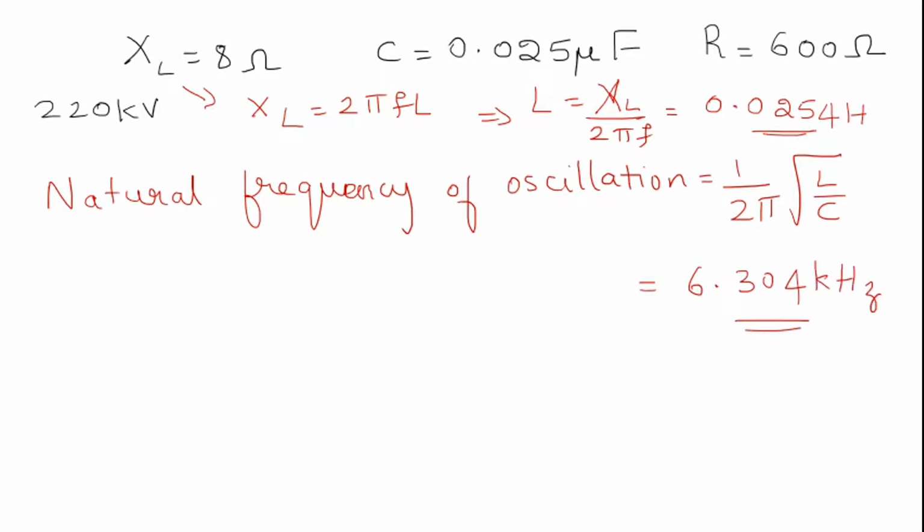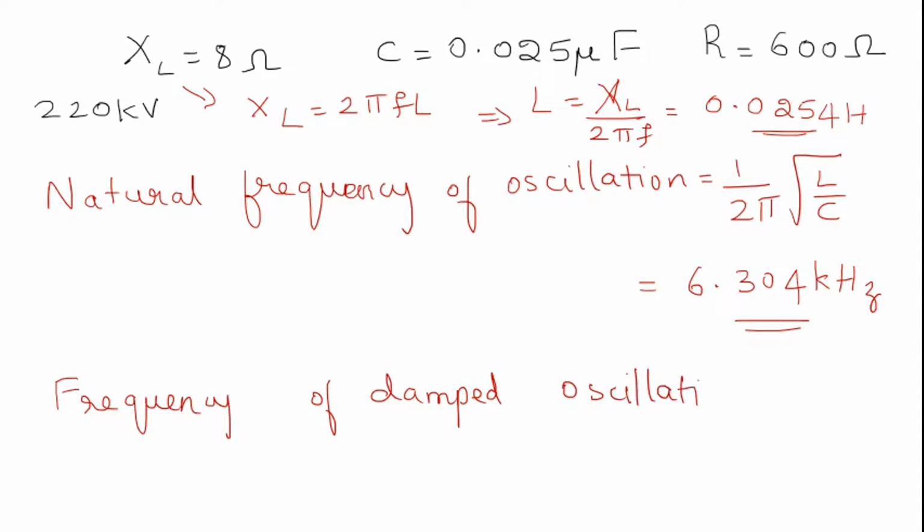Next is to find the frequency of damped oscillations. We have seen in the derivation of resistance switching that the frequency of the damped oscillation is given by F equal to 1 by 2 pi root 1 by LC minus 1 by 4 R square C square.